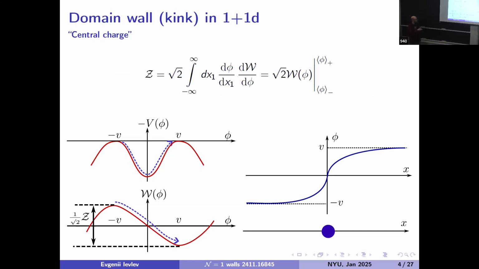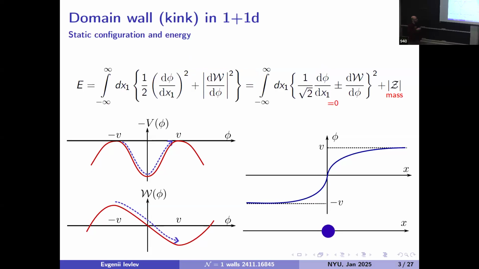Here I display some pictures. This is the inverted potential, because the energy functional looks like the Lagrangian of a one-dimensional particle in the inverted potential minus V. So the kink interpolates between one minimum and another. And in terms of the superpotential, the kink travels from one extremal point to another.